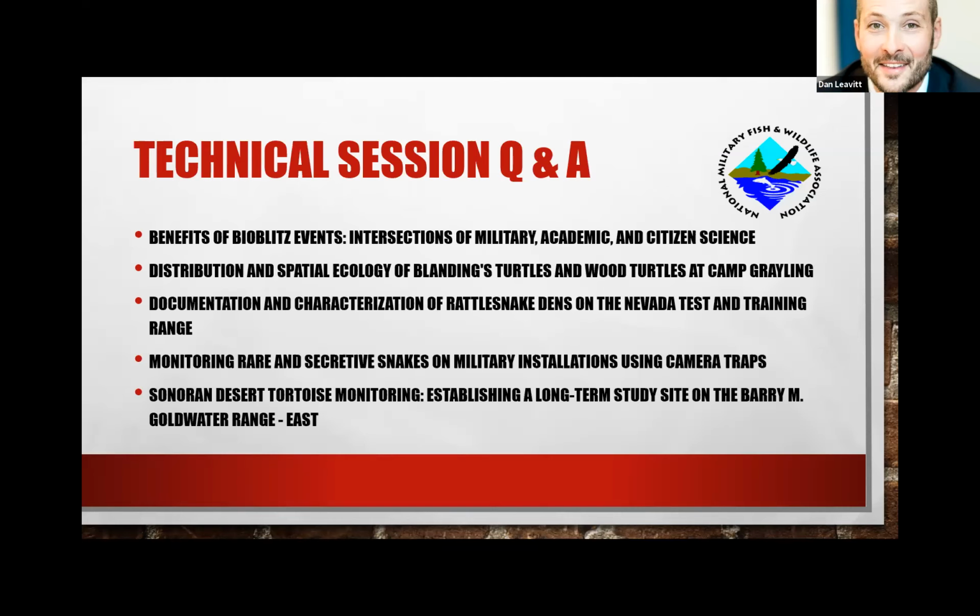Thanks, Chad. Liz, any use of any of these citizen science apps during your research, or any issues with collecting data that were problematic for you on Camp Grayling? Yeah, similar answer. We didn't really use apps, and we also avoided a lot of social media just for sensitive locality information.